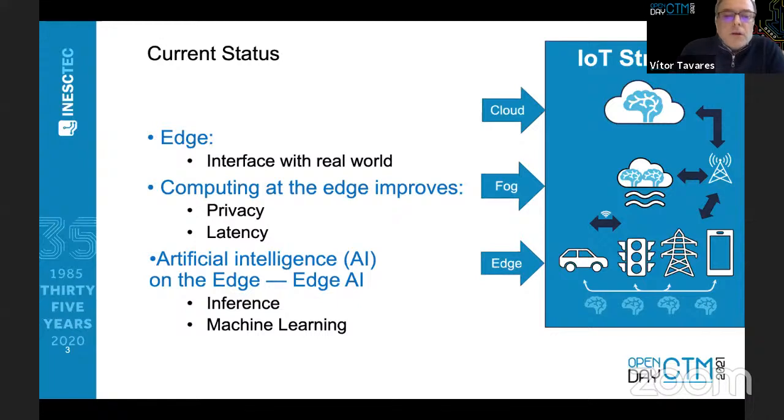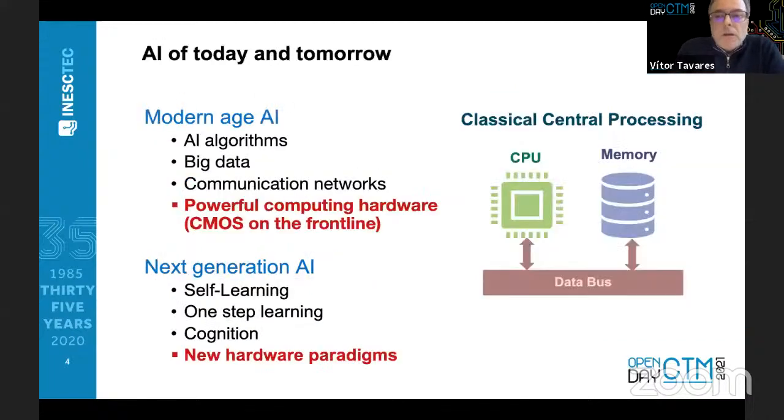Okay, so modern age AI is fantastic. It is everywhere, as we know, much due to new AI algorithms such as deep learning and reinforcement learning. But these algorithms work well if you have big amounts of data and good communication networks to interchange and share data between different levels of the system.